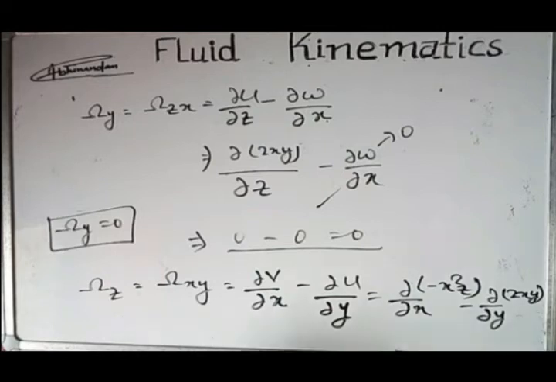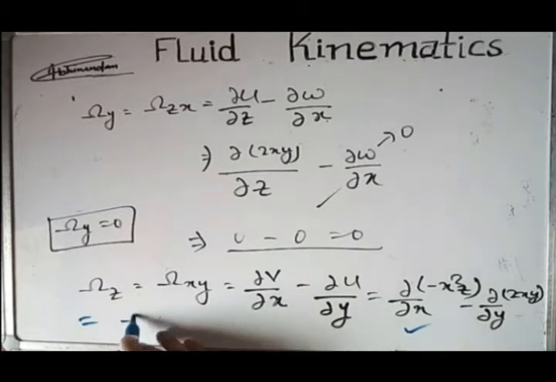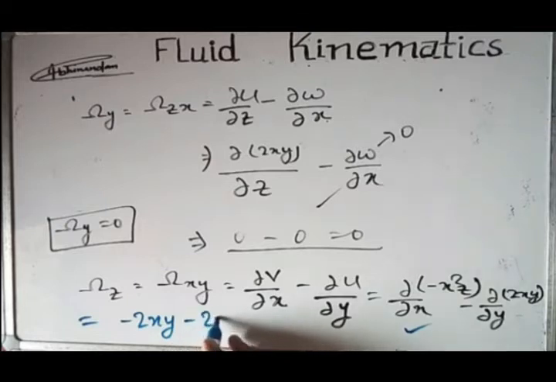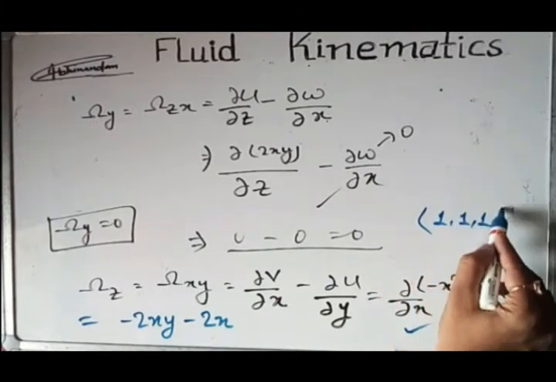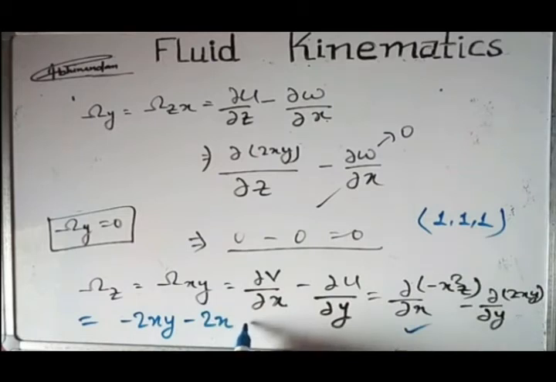Solving this, the first term comes out to be minus 2xy minus 2x. Putting 1, 1, 1 in place of x, y and z, we have minus 2, which is equal to minus 4.